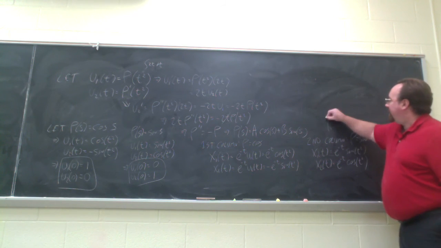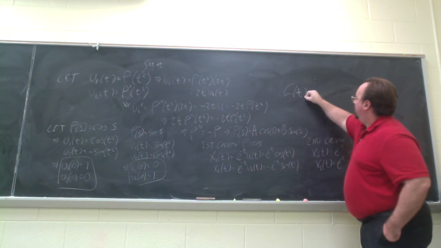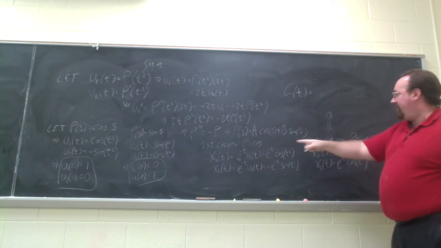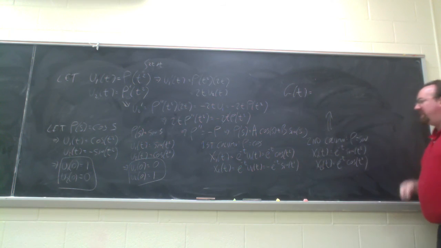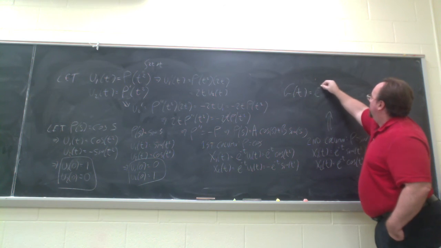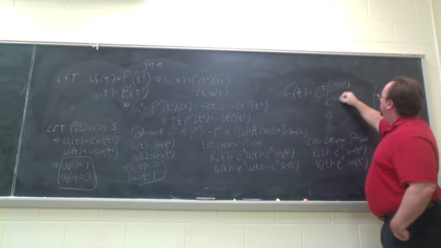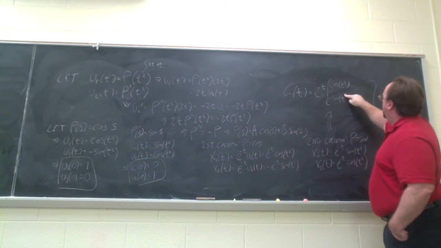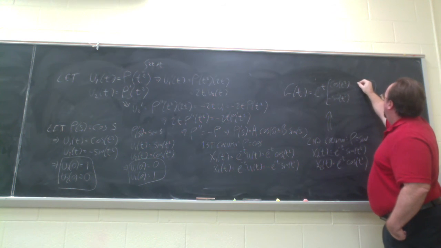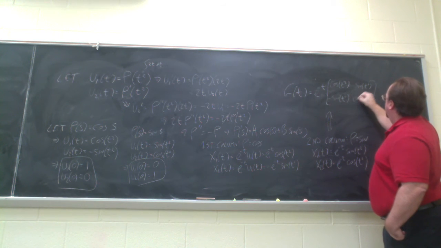So now I can wrap up and say that my fundamental matrix, since every function here has an e to the minus t, I'll just factor it out. I have cosine of t squared, minus sine of t squared, sine of t squared, cosine of t squared, and we're done.